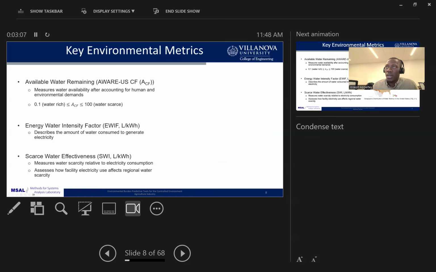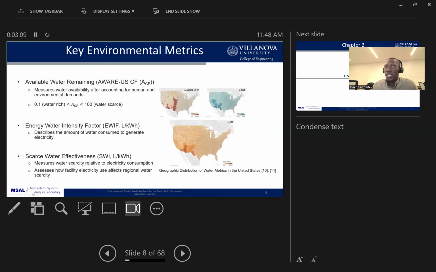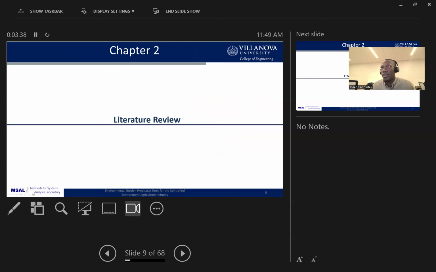The key environmental metrics to be considered include the available water remaining, which quantifies the availability of water to the demand in a particular region, and also the energy and water intensity factor, which describes the amount of water consumed to generate electricity, and then also the scarce water effectiveness, which assesses how a facility's electricity use affects the regional water scarcity. And these are shown in the figure demonstrated here on the right-hand side.